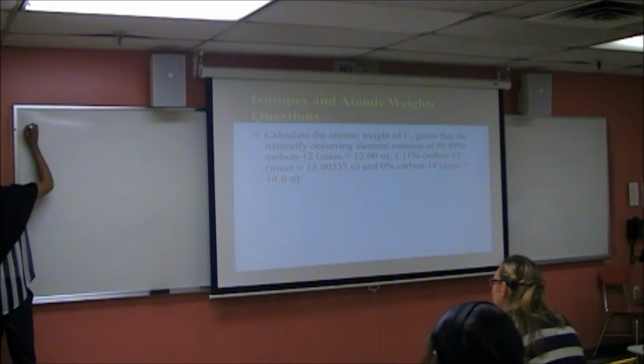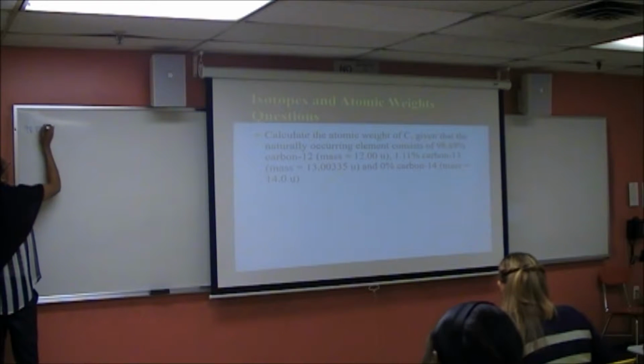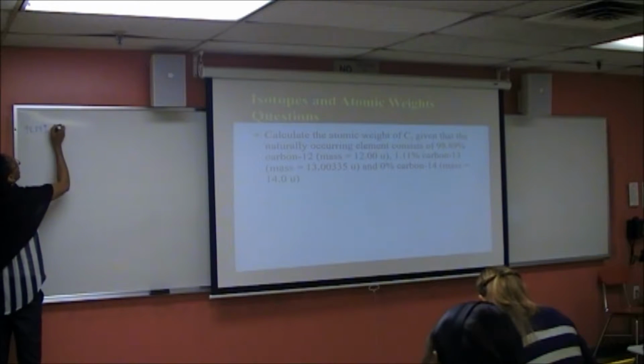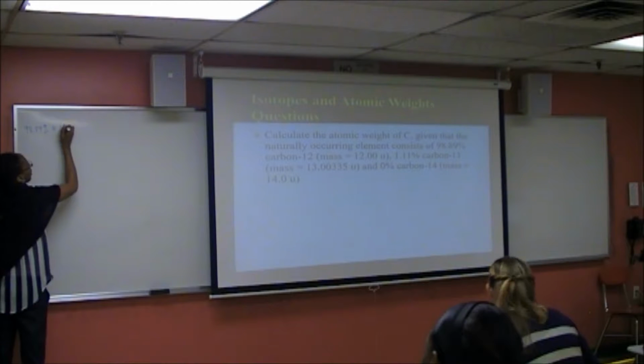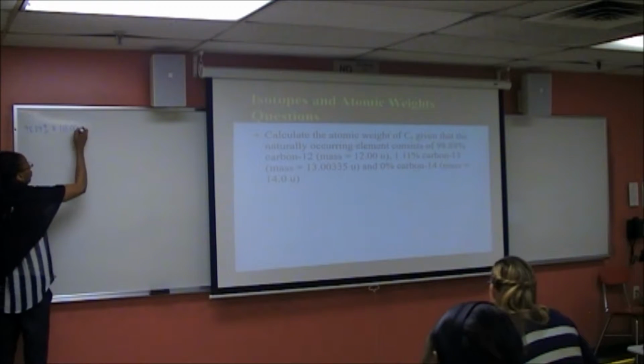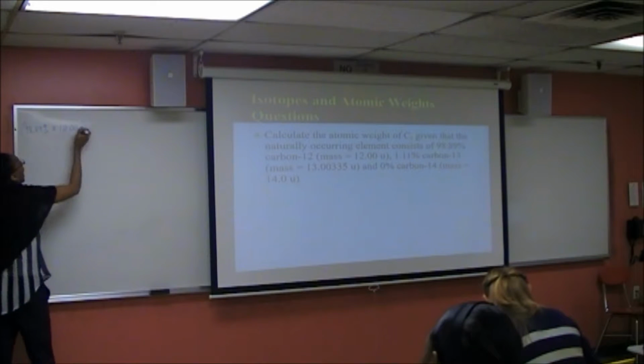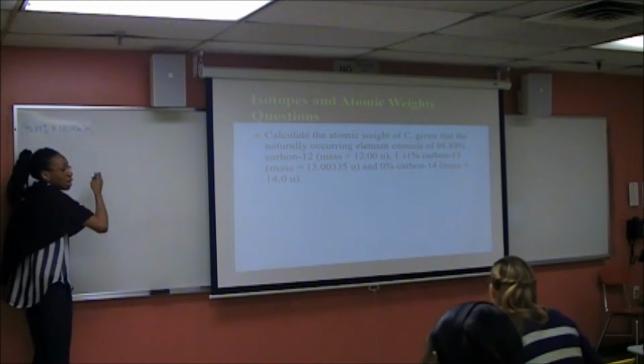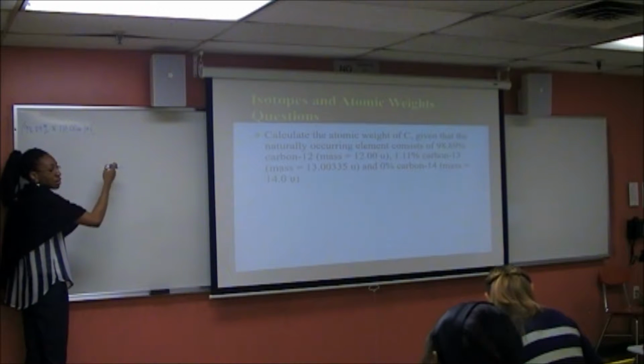So you have 98.89% times the mass. You're going to add up each of your isotopes times their abundance.